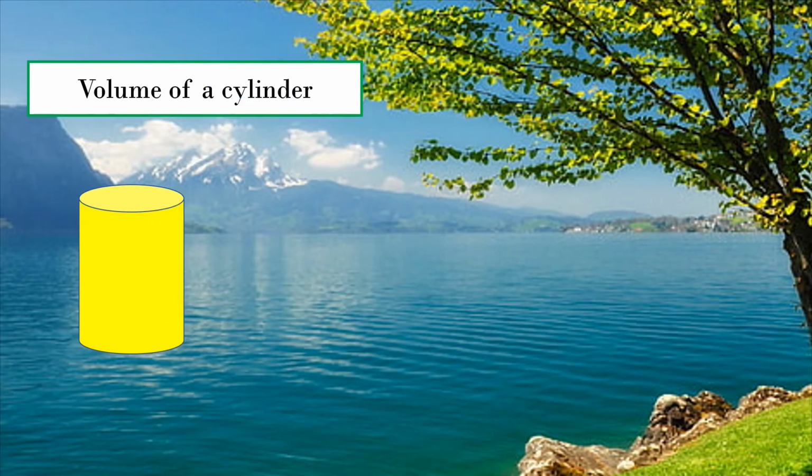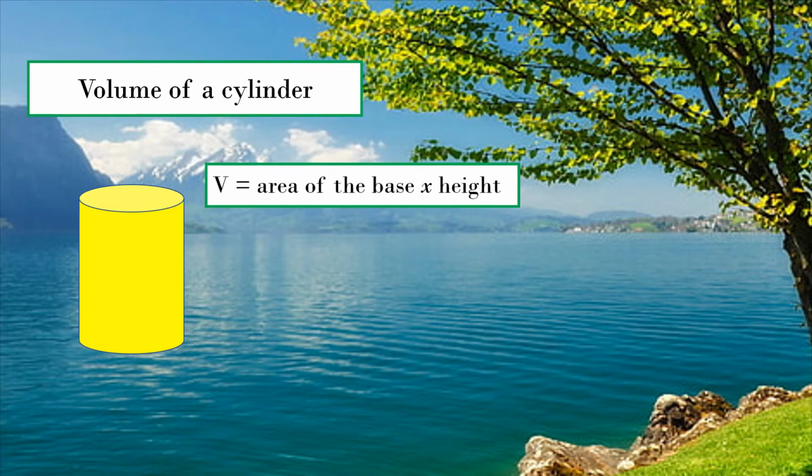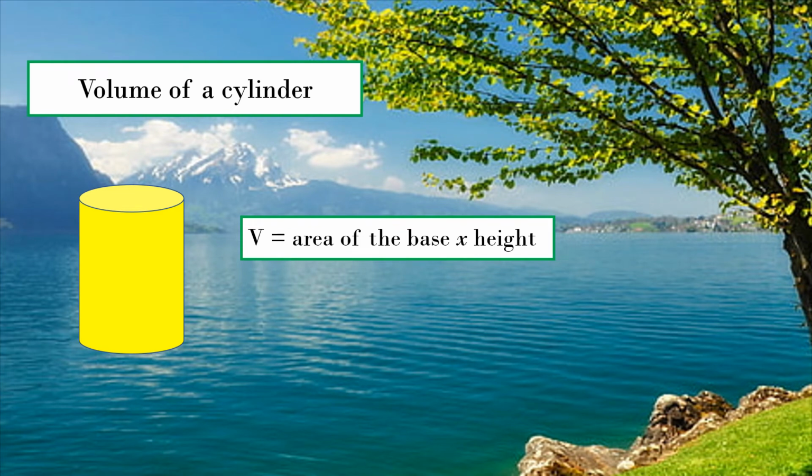Okay, volume of a cylinder. How will you find the volume of a cylinder? All you have to do is multiply the area of its base and its height. So there you go.